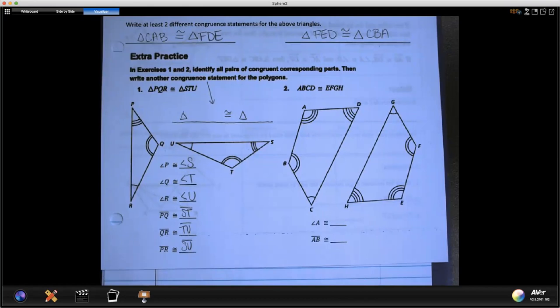Okay, check with someone near you what you wrote for that one. See if we improved from the last time.